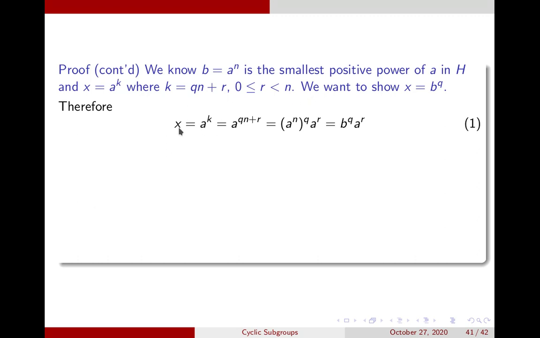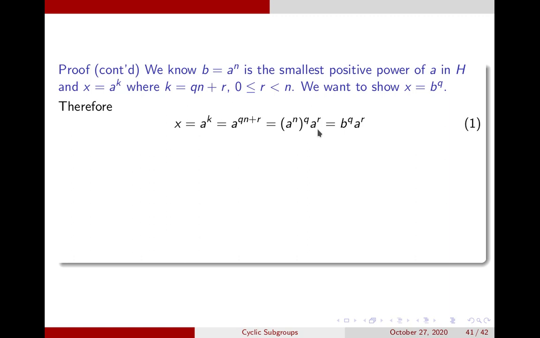Okay, so x is a to the k, and we know k can be written as q times n plus r, which we do. And then we use the rules for exponents. This is something we've done fairly recently on these slides. We get a to the n all raised to the q times a to the r.